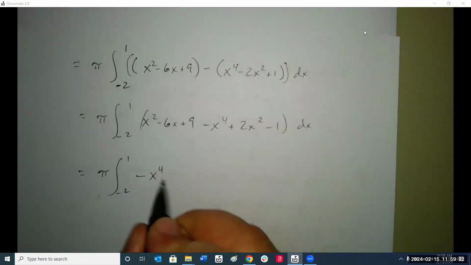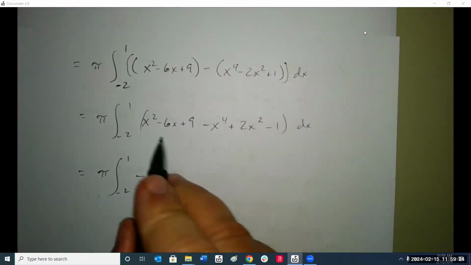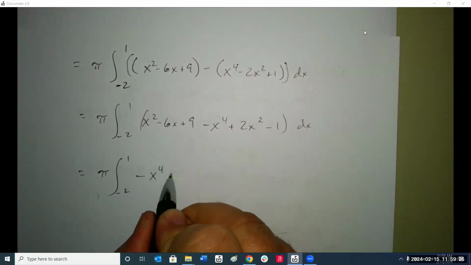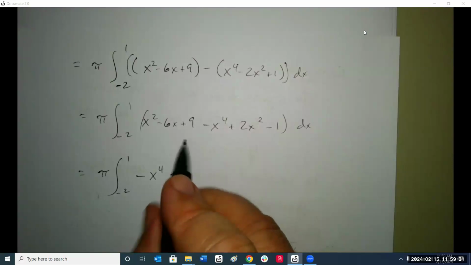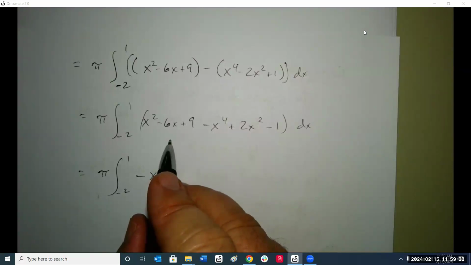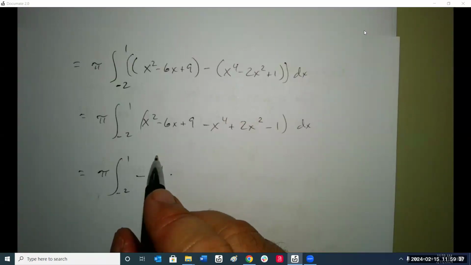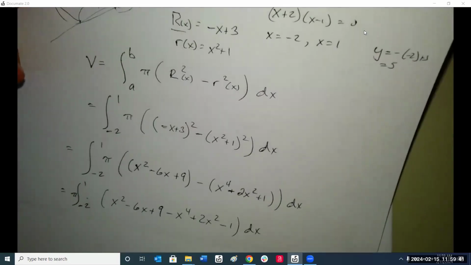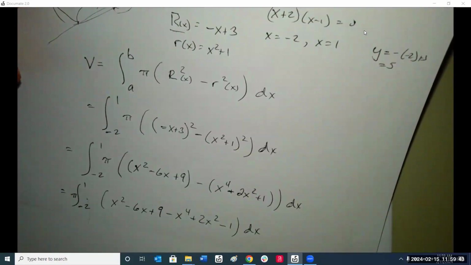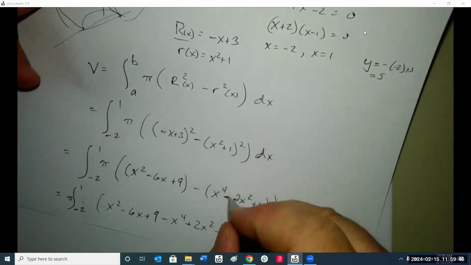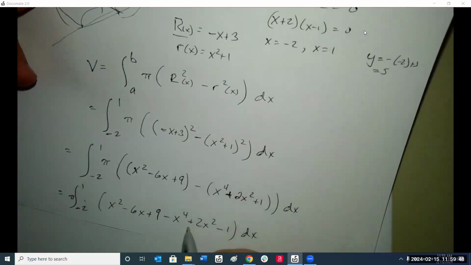Minus x to the 4th goes to the 4th, that's plus, which then becomes a minus.